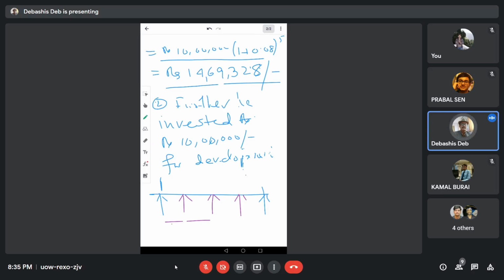So here from date of purchase, he started development. So after 1 year and after 2 years, development has been completed. If I consider, just for an example, 2001 he purchased, so he developed the land in 2003.